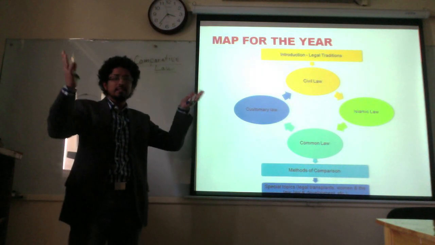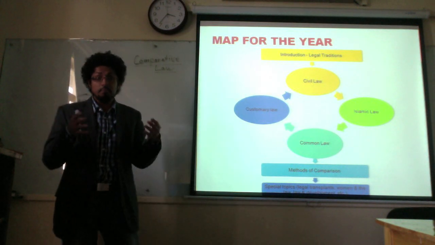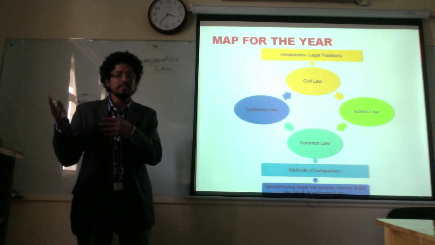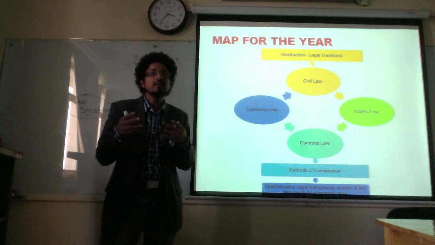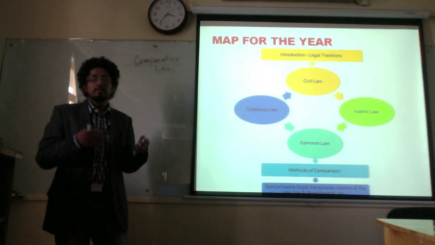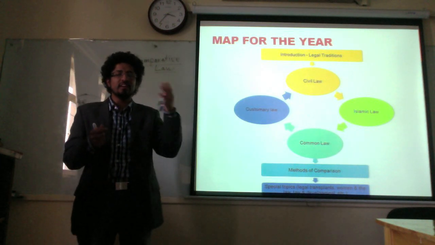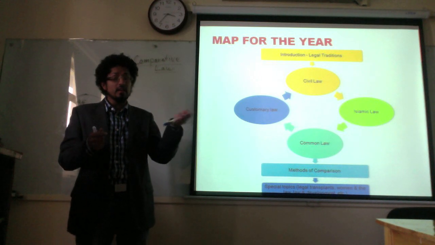So the Islamic legal tradition is something that began at the time of the Prophet, peace be upon him, and arguably earlier, and we'll get to that when we talk about Islamic law. But it began with the Prophet. It's been going now for over 1,400 years. It's collected a lot of information and a lot of understanding.